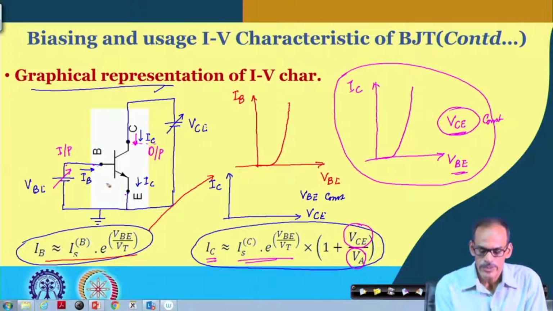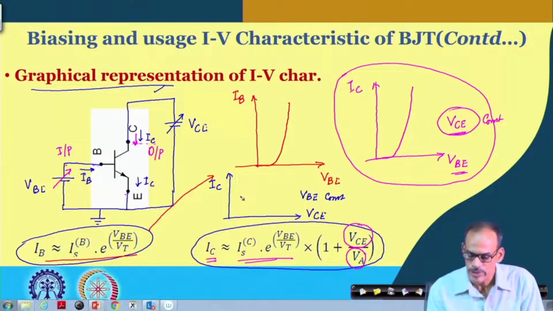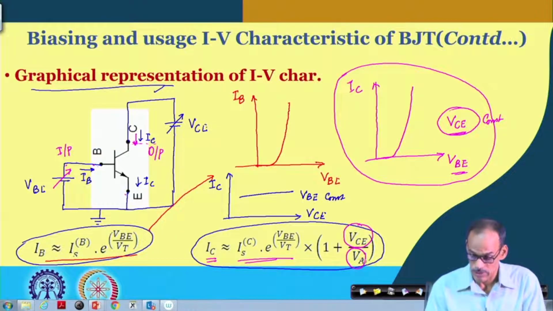If I assume that this second junction, namely the collector base junction, is remaining reverse bias, we can see through this equation that the dependence is very weak. Depending on the value of the parameter VA, there will be slight change. However, if the VCE is sufficiently low, and this junction is getting forward bias, there will be a bend of this current.